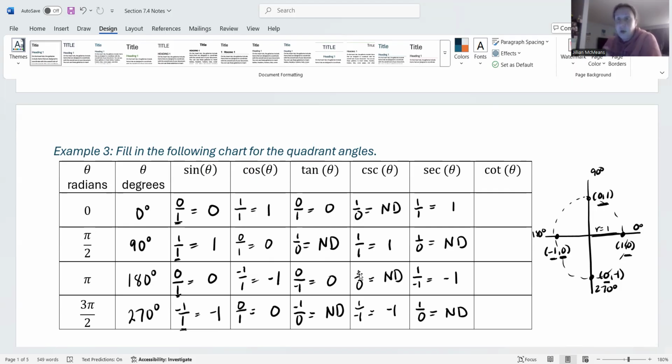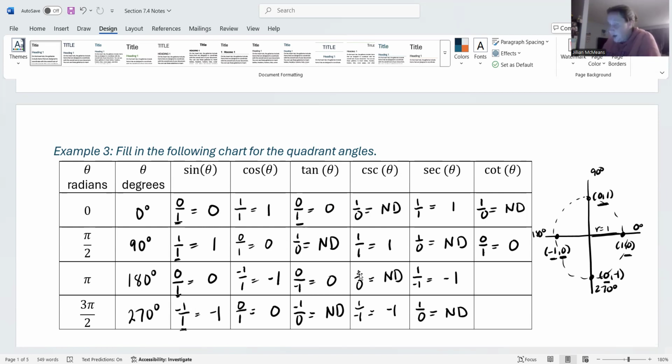And then finally, remember, cotangent is the reciprocal of tangent. At 0 degrees, tangent is 0 over 1, so cotangent would be 1 over 0. So cotangent is not defined at 0 degrees. At 90 degrees, tangent is 1 over 0. The reciprocal of that is 0 over 1, so cotangent is 0 at 90 degrees.